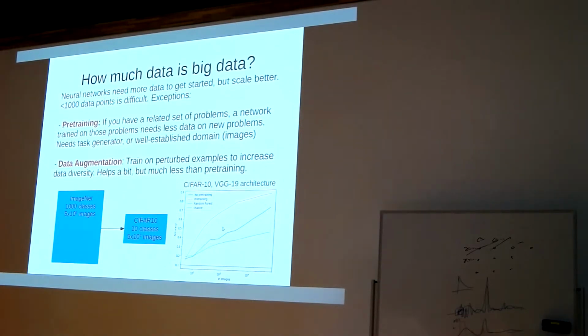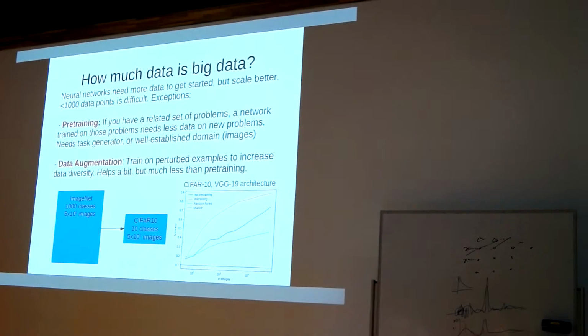But if you're doing something in a completely new domain, then you're going to be following this blue curve rather than the orange curve, and you're going to need enough data to kind of pump. So if you can find some other problem that could be related, that might be enough to help you get off the ground. Or even better, if someone's already solved a related problem, you can just download the network. But it's something to keep in mind.